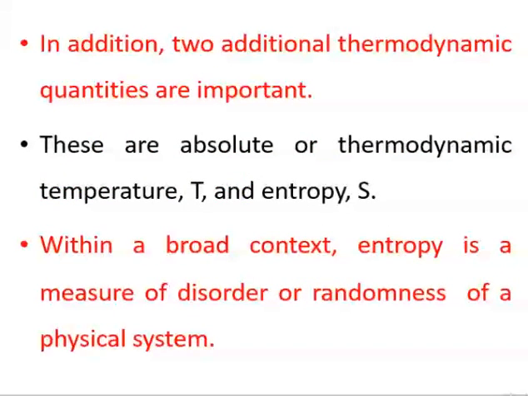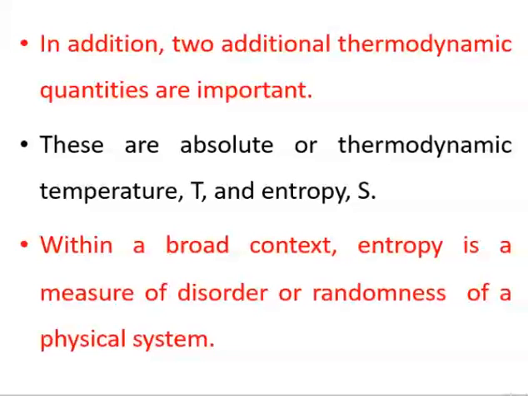Now, in addition, we have two additional thermodynamic parameters, and these are what we call the absolute temperature or thermodynamic temperature, represented by letter T, and we have enthalpy, which is represented by letter S. And we need to remember our fundamentals of thermodynamics, or even from our basic chemistry at secondary school level.